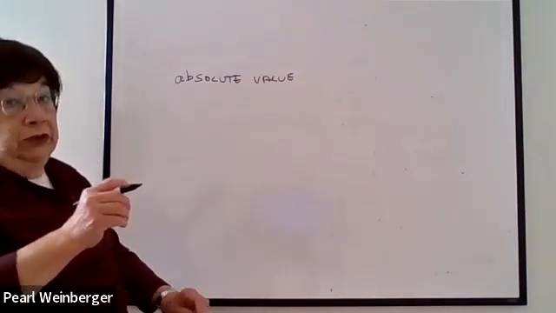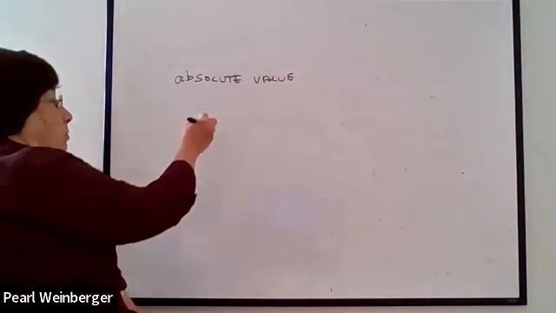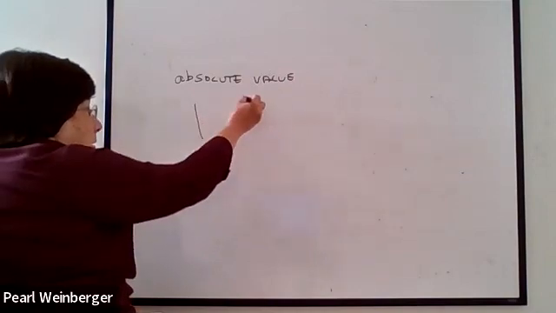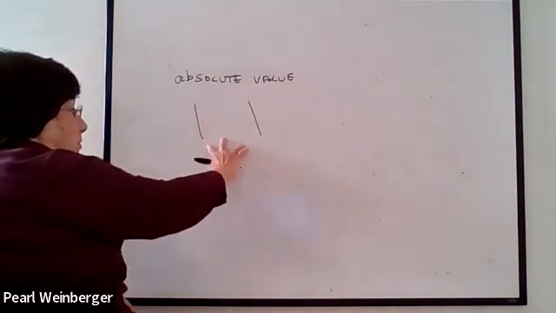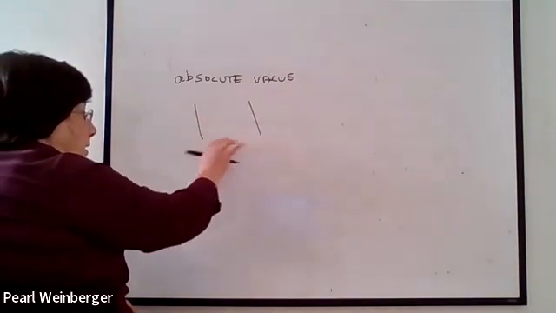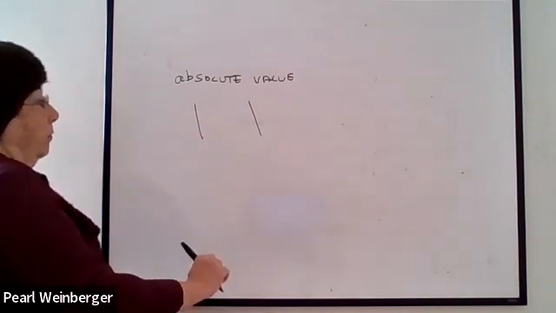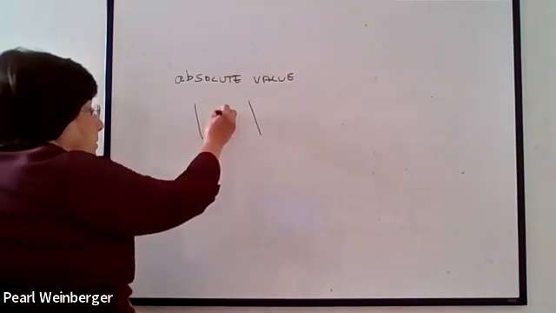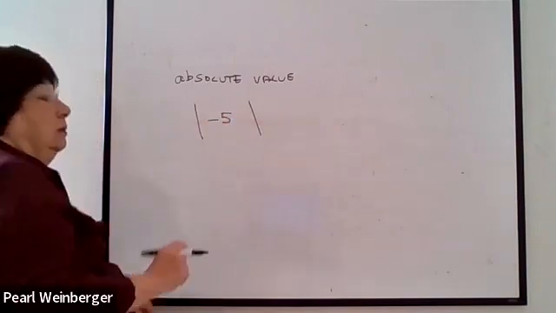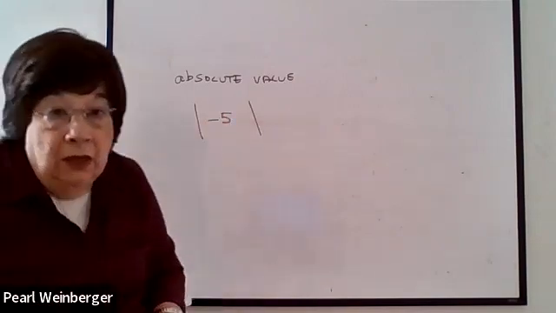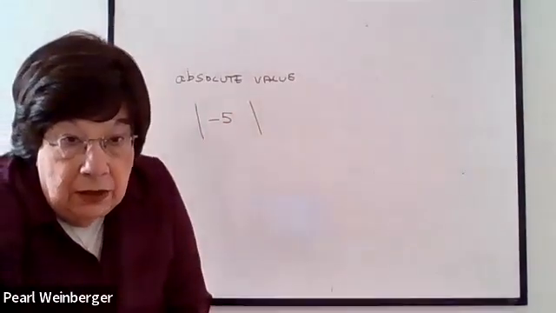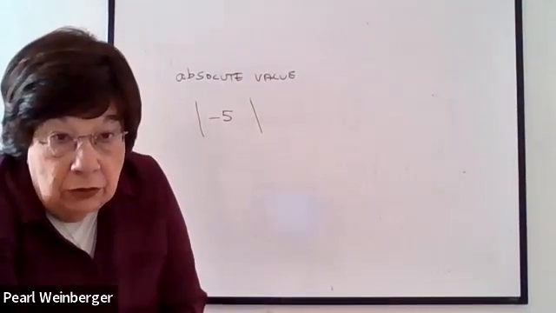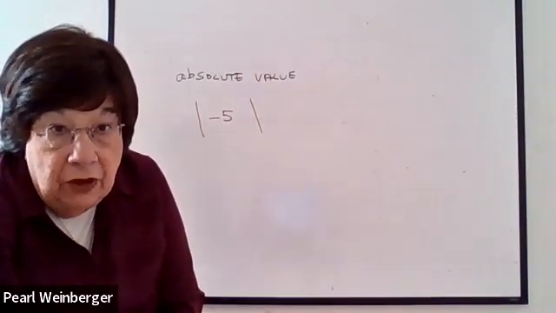I'm sure you've all seen this before. You see a symbol that consists of two straight lines, one on either side of a number, and you'll see something like this, some number in between. That's read the absolute value of -5.